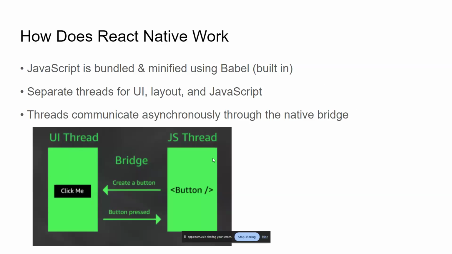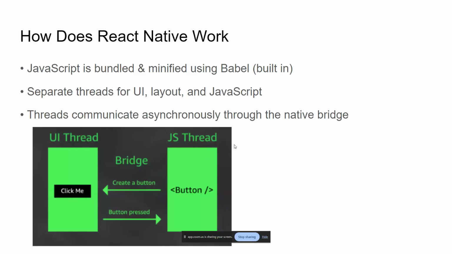In the example below, you can see the UI thread and the JS thread. The UI thread is nothing but the UI design which you are able to see here, for example a click me button, and the JS thread is the button component which I gave as an example.